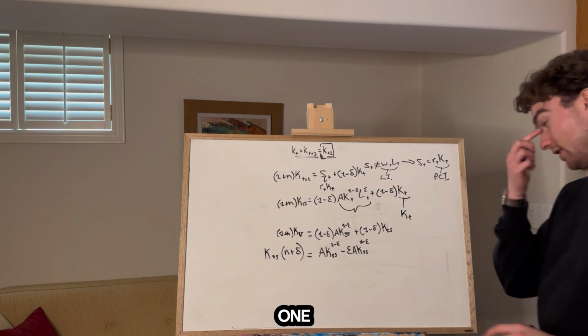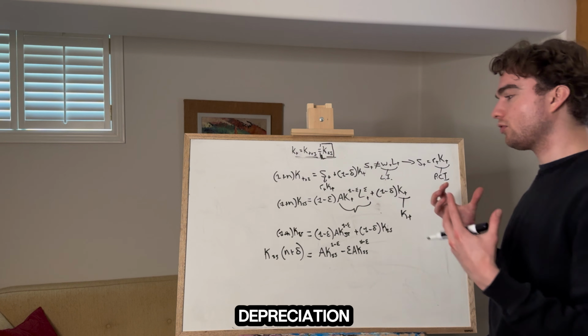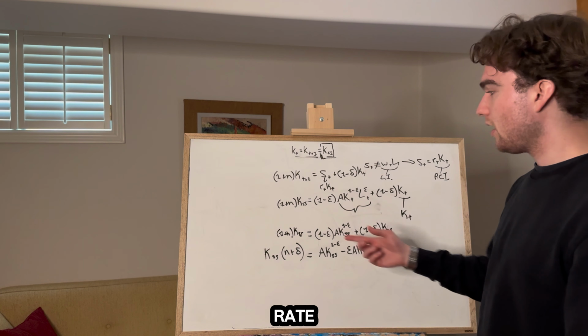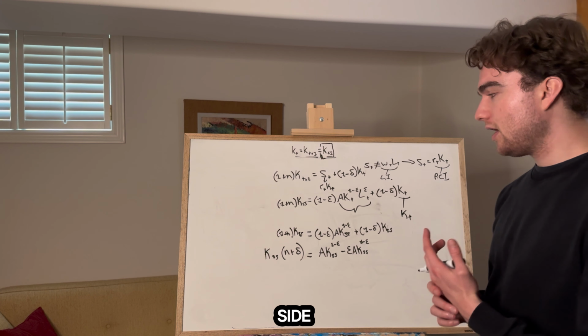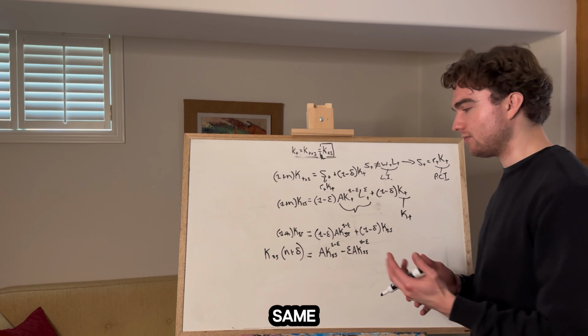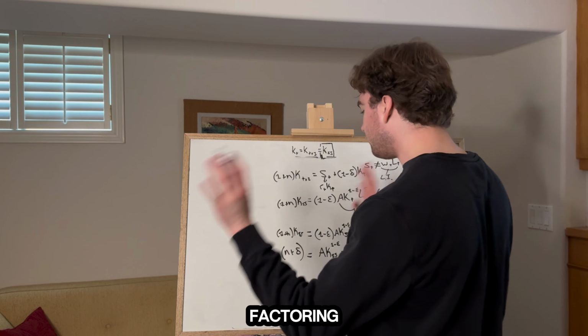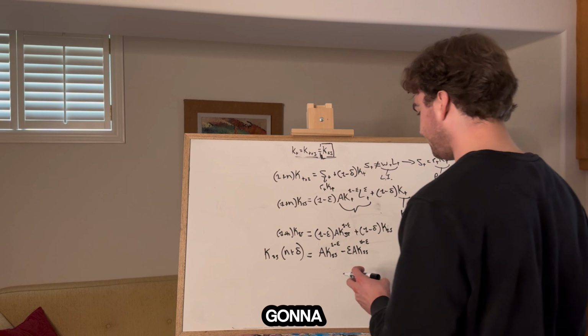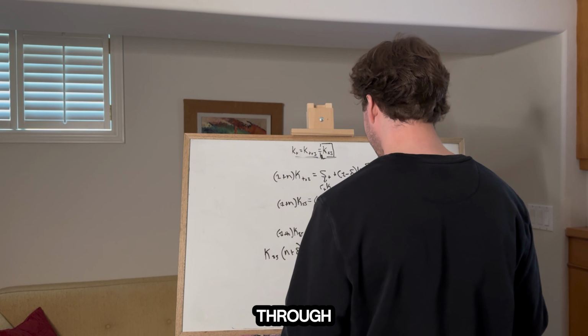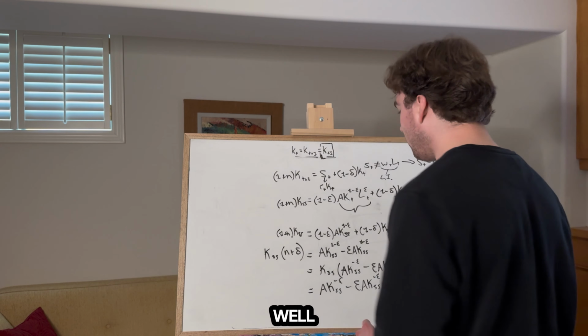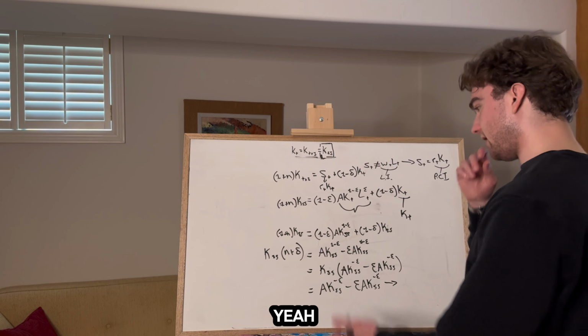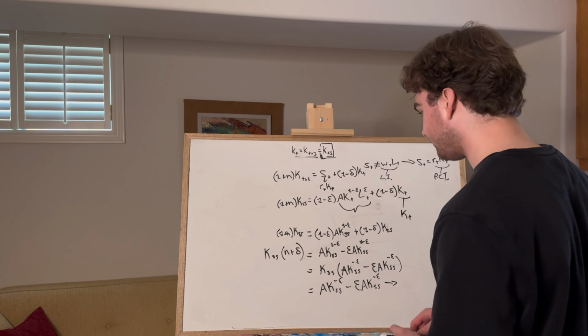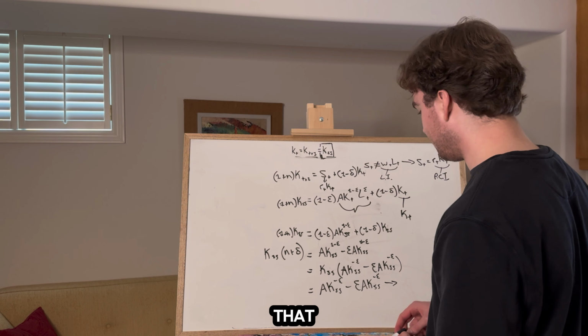This 1 less the depreciation rate, and 1 plus n on this side is the same stuff. I just skipped some of the factoring out and the simplifying. And this part I'm gonna work through. This goes, well, no, because we already did that. Yeah, this just goes to 1 less. I'm not too interested in doing that.